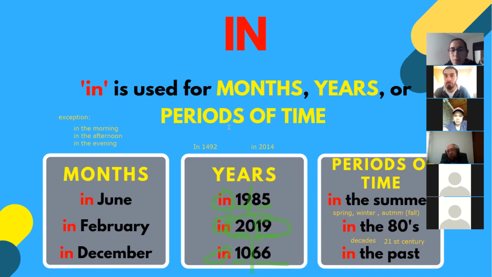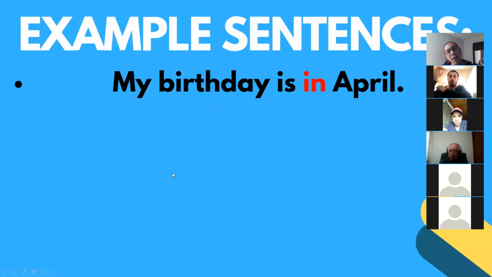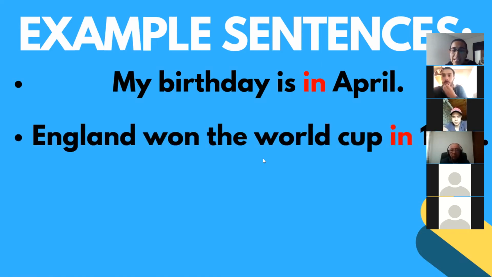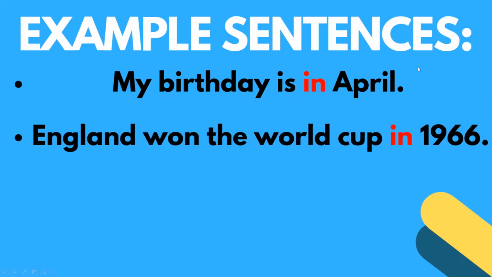So let's see some of the examples we have here. I will erase this. Okay, so for example, we say, hey, my birthday is in April, right? Not complementing anything, just the specific month, right? Or you say, for example, England won the World Cup in 1966. All right, excellent.